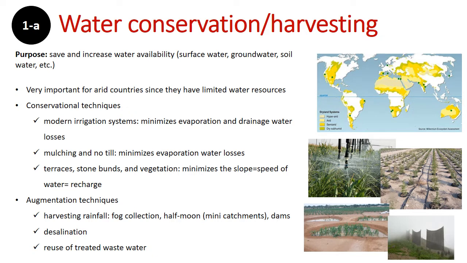Other techniques can be very expensive, like desalination, building dams, fog collection, and reuse of treated wastewater. So it depends on the situation and the country, and it's your choice. But the easiest methods are the better and more efficient, like just normal practices such as using mulch or no-till or other kinds of things. So keep this in mind.